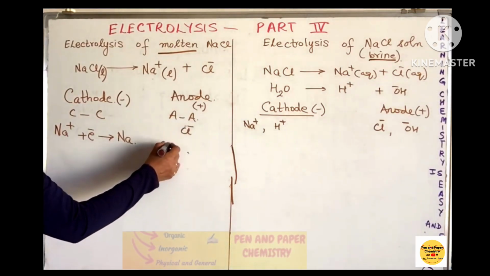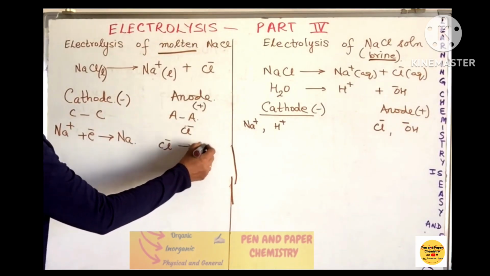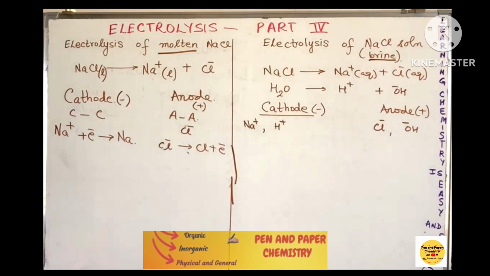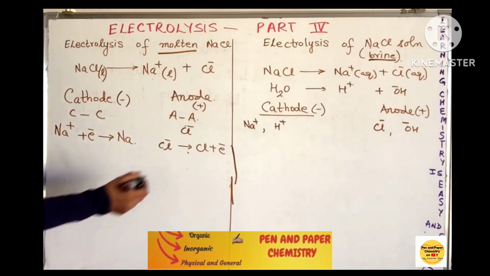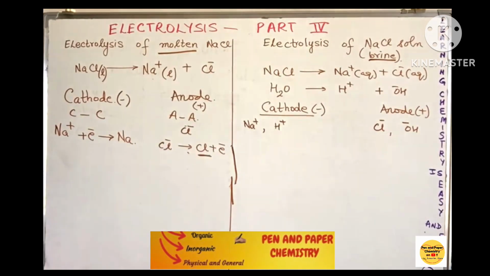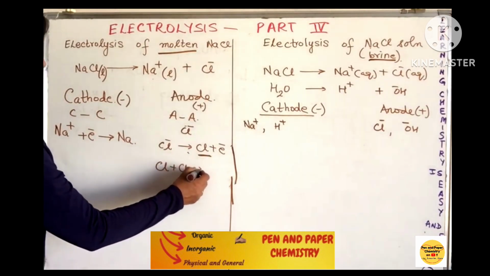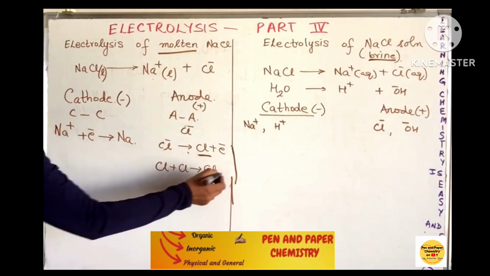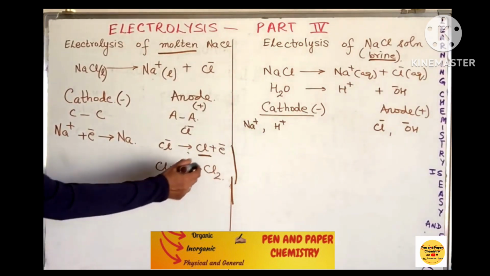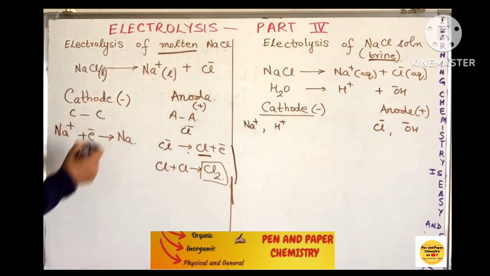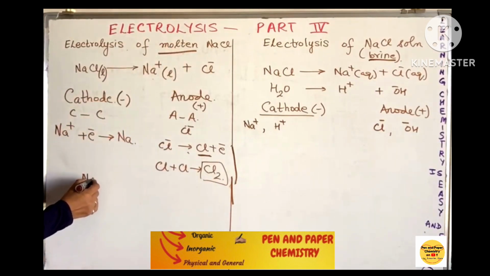So chloride ion loses electron, forms Cl. We know very well from the study of chemical bonding and atomic structure that a chlorine atom as such cannot exist independently. So chlorine combines with another chlorine atom and gives us a greenish yellow gas, that is chlorine. So when you are electrolyzing molten sodium chloride, you are getting 2 products over here, sodium metal and chlorine gas.